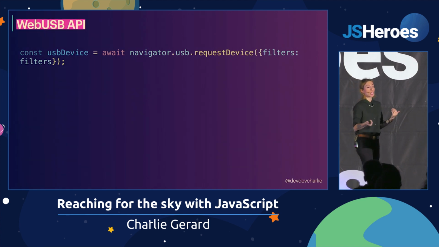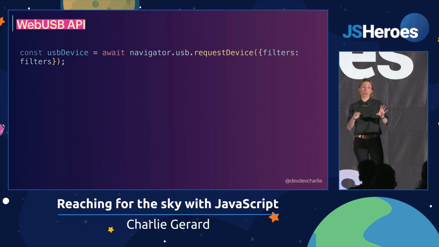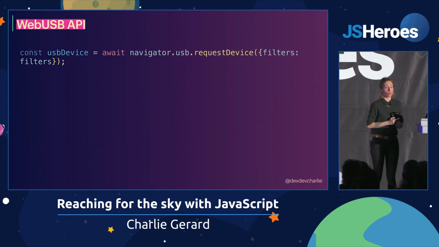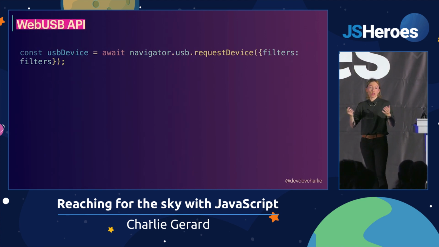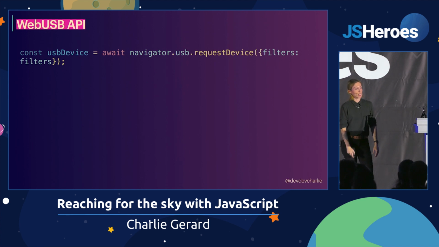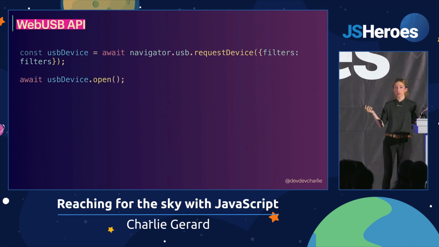So the filters would be the name or the ID of the device, to make sure that you're really isolating the one that you actually want to communicate with. So here I just created a fake variable, but you would pass in the name of your device if you wanted to not see all of the USB devices connected to your computer, but only the antenna that you're interested in. And then when you've selected that device, you just call open to connect to it.